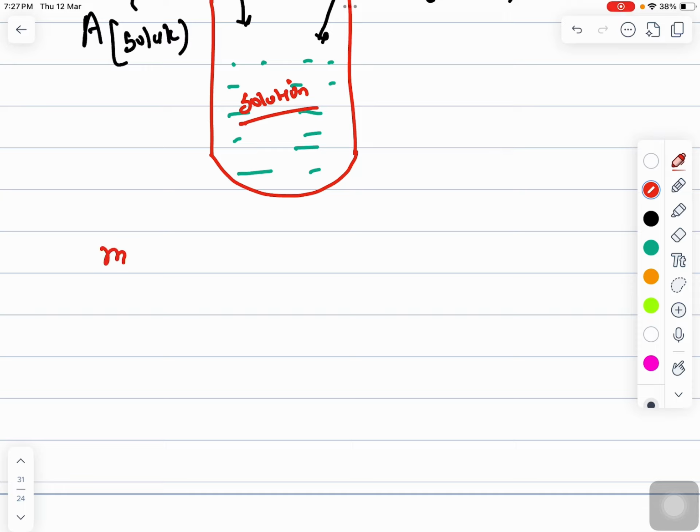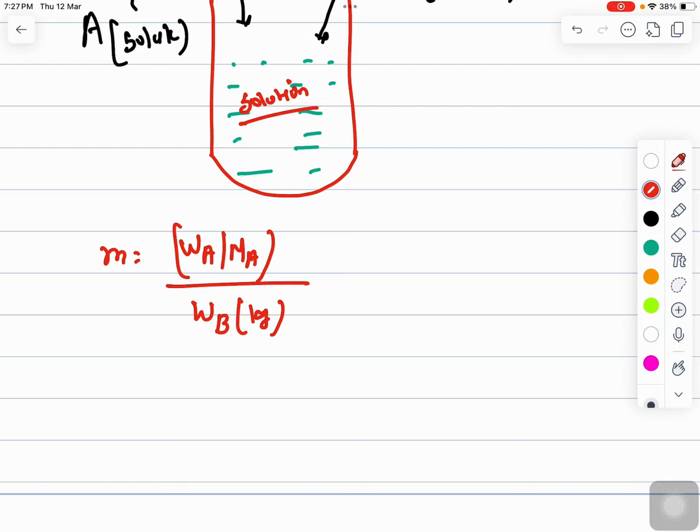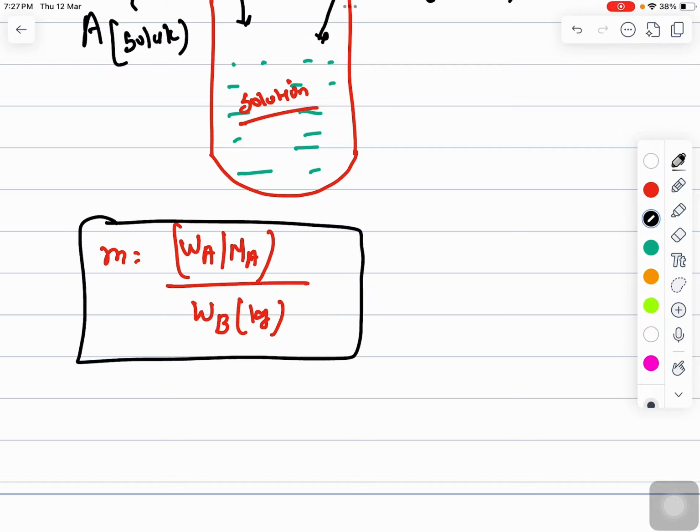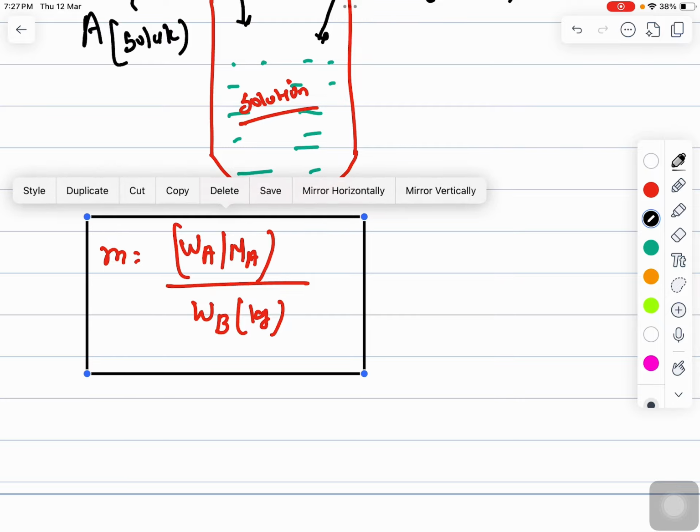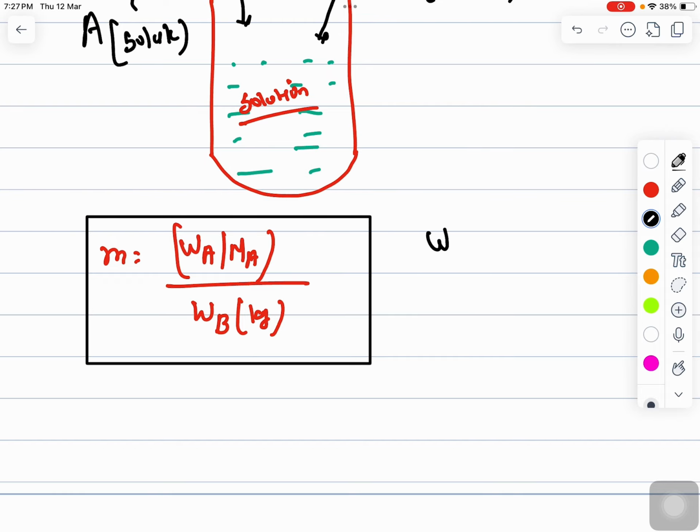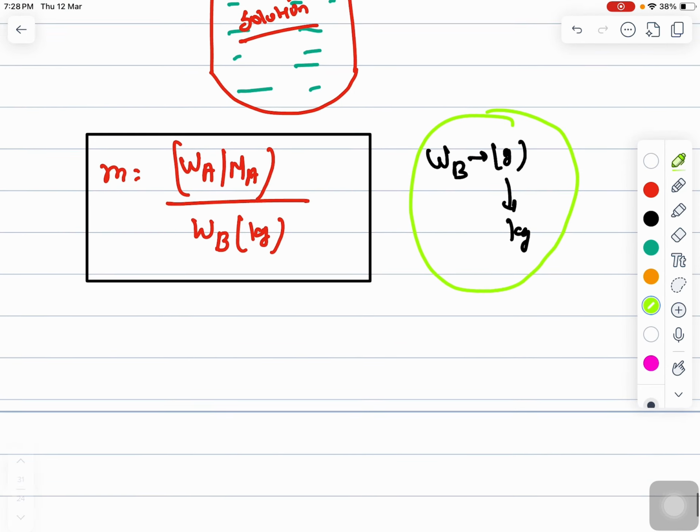So the molality can be defined as weight of A divided by molecular weight of A, divided by weight of B in kg. So always don't forget to convert weight of B in kg. If WB is given in gram, then convert gram into kg. This is the most important point. Sometimes a student forgets to convert these things and they end up making mistakes.